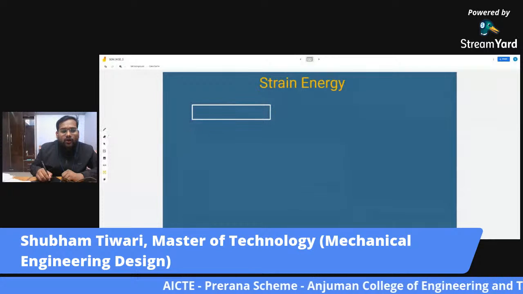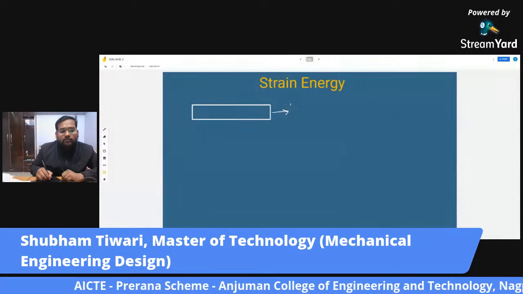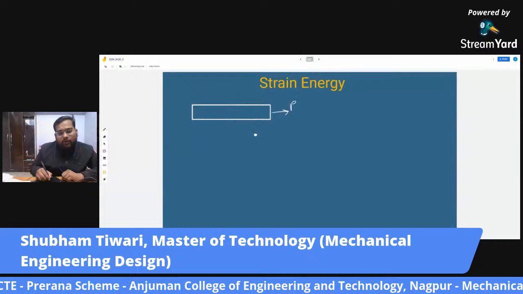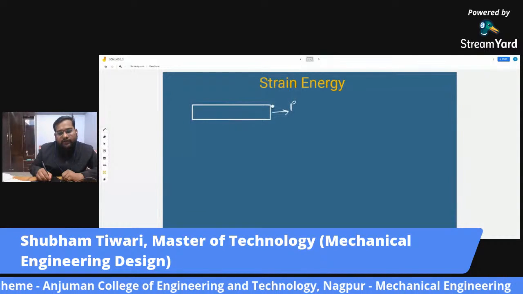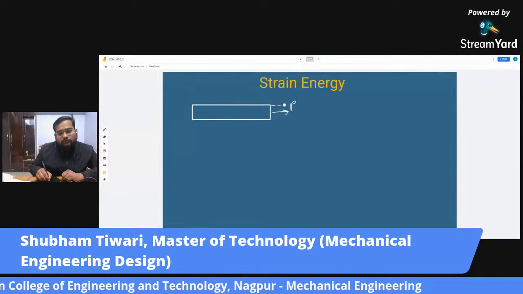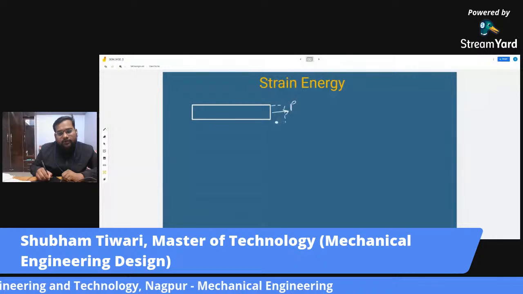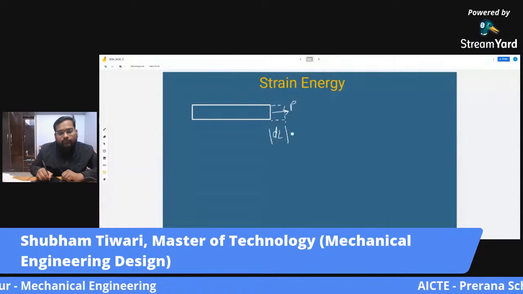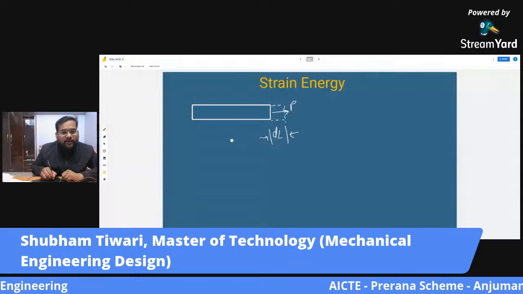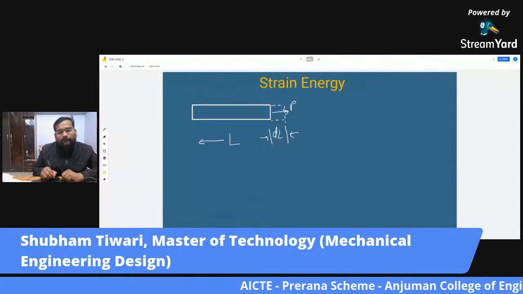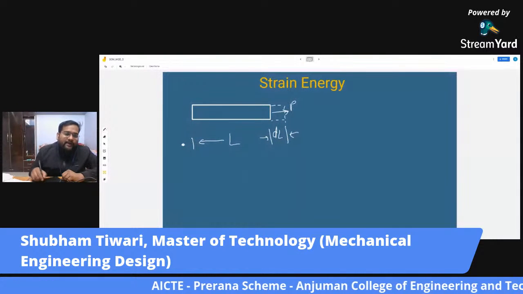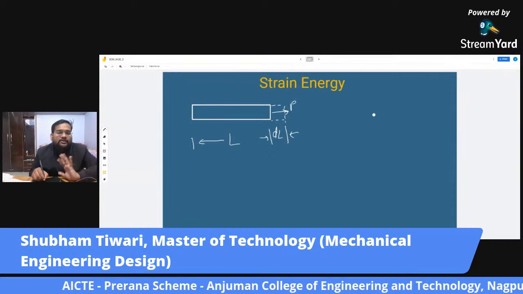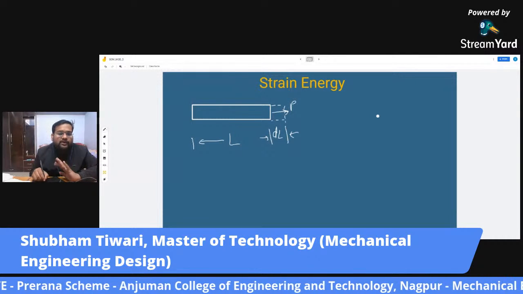So this is a rod subjected to a load P. What happened to this rod is it got elongated because of this force. This deformation is dl. Its original length was L. Now what I did was, the load was applied gradually.